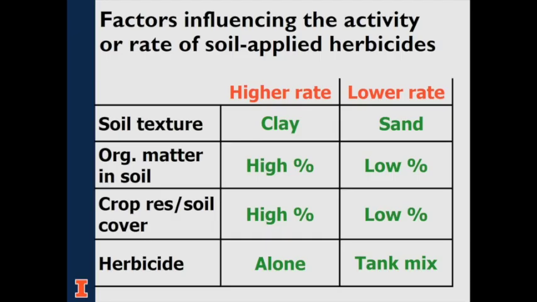Reduced tillage systems may require higher rates, as organic matter can tie up soil-applied herbicides, leaving less available for weeds to take up. Therefore, a higher rate may be needed to account for this. Finally, applying a product in a tank mix may allow for reduced application rates compared to applying as a standalone product. You can also get increased control overall with tank mixing.